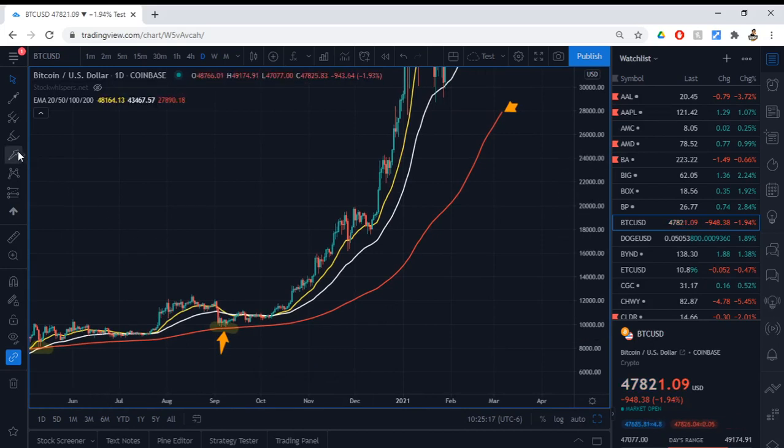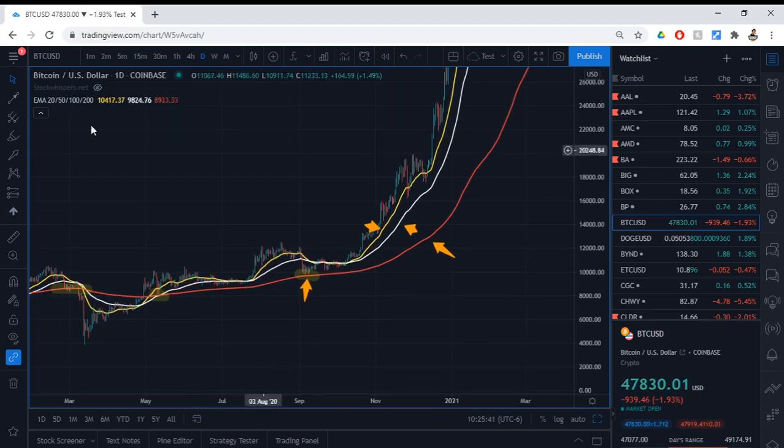It means that the 20-day is above the 50-day, and both of those are above the 200-day. So when the 20-day is above the 50 and the 50 is above the 200, it means that we're in a strong uptrend, right?